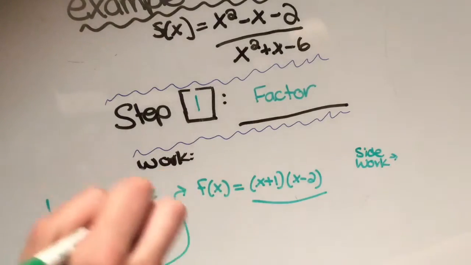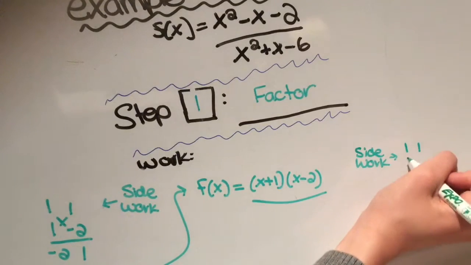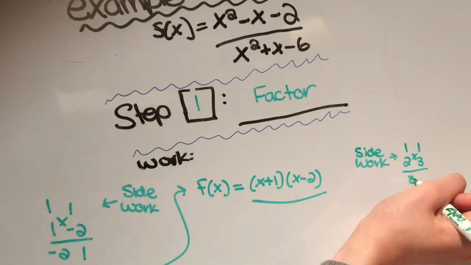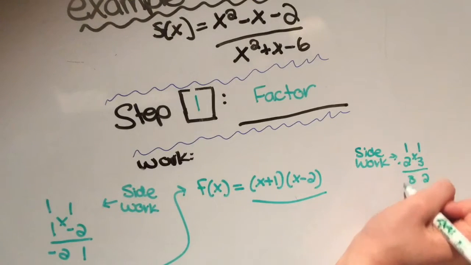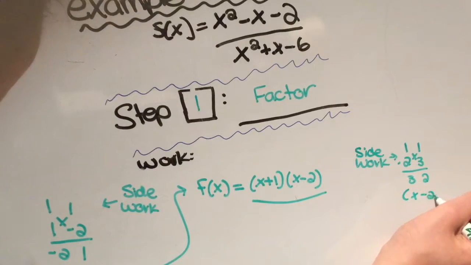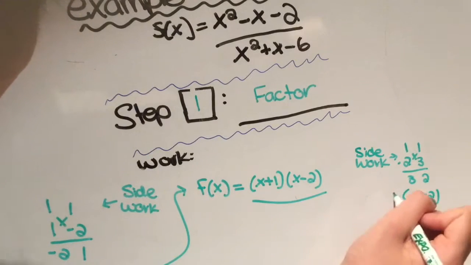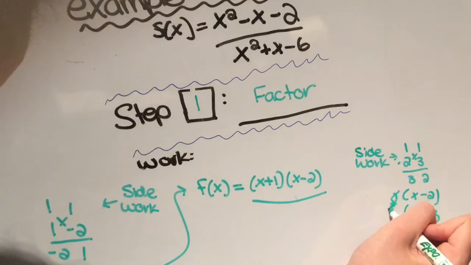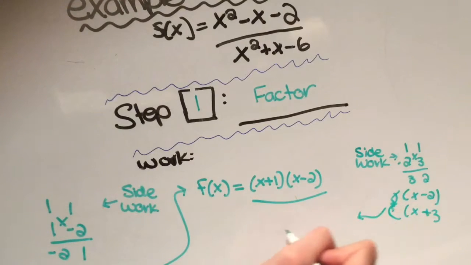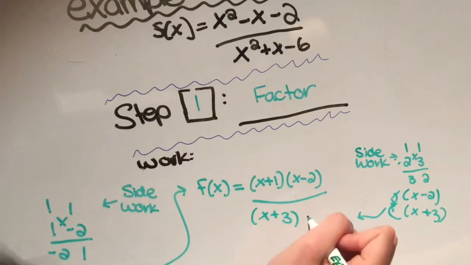I will then do the same step for the denominator. And again, after I find the two correct factors, I put it back to the denominator.